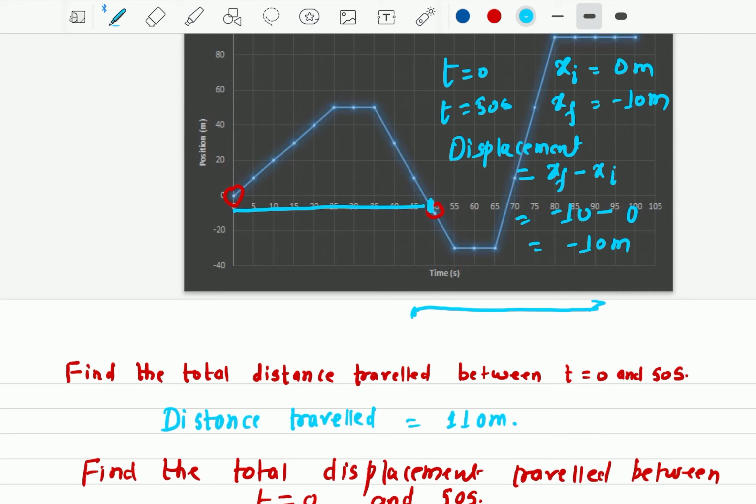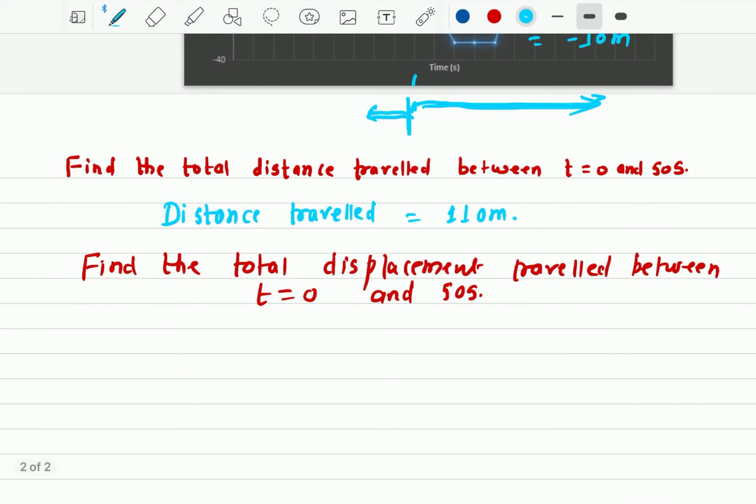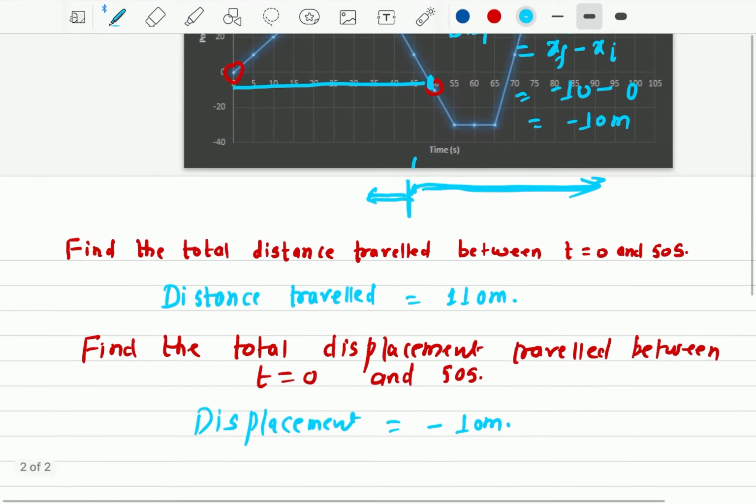That means after 50 seconds, you ended up 10 meters on the left side here. This is the positive x-axis, so after 50 seconds, you are on the left side of it. So the total displacement here is negative 10 meters.